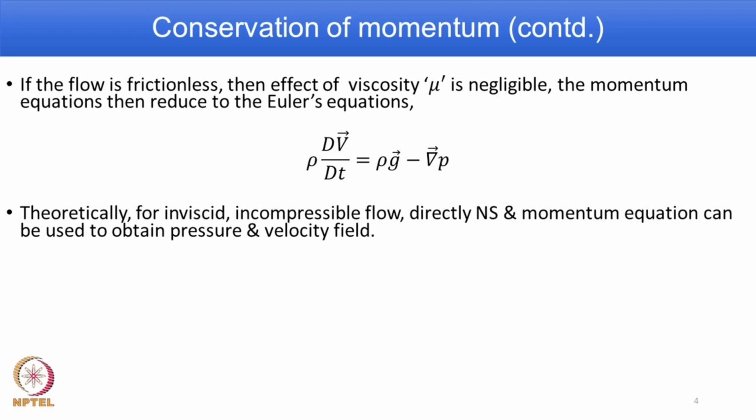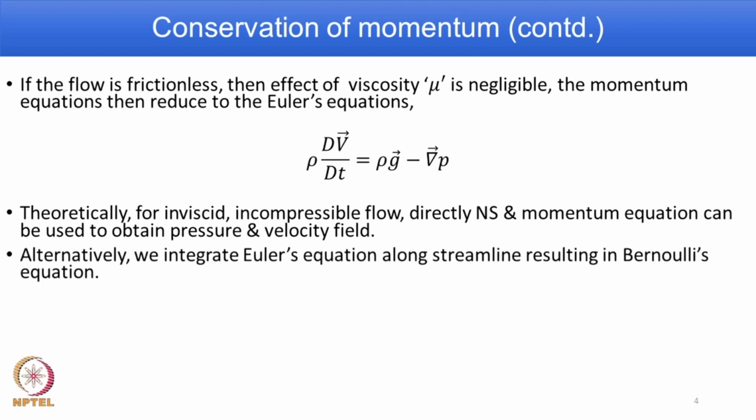So, theoretically for any inviscid flow, where viscous effect is not there, an incompressible flow, you can use either Navier-Stokes equation or Euler equation to obtain pressure as well as velocity field.